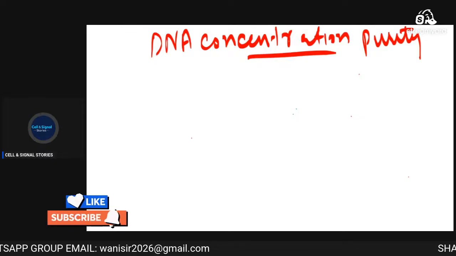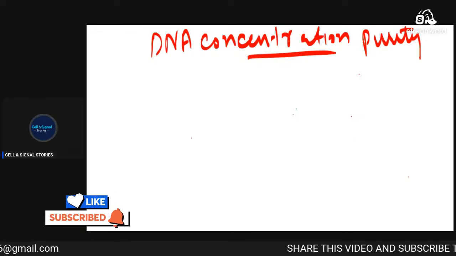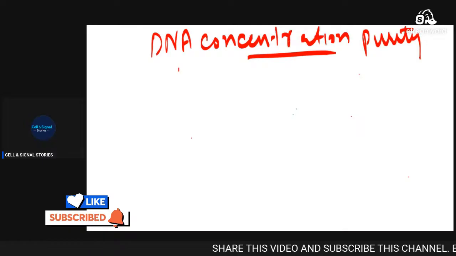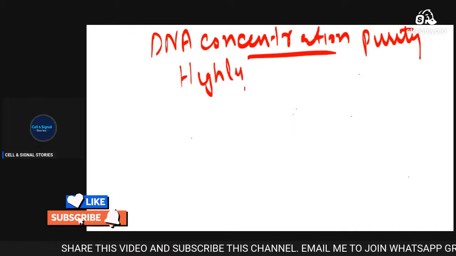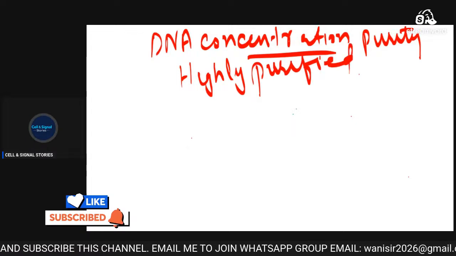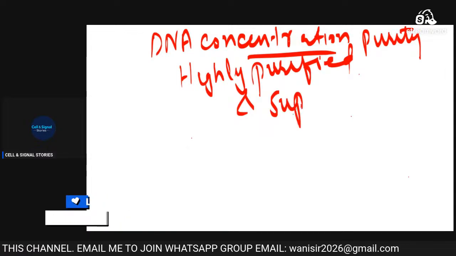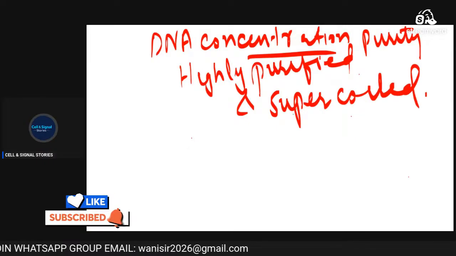Highly purified or supercoiled DNA gives better transfection than degraded or contaminated DNA. So the DNA should be highly purified and supercoiled rather than degraded.